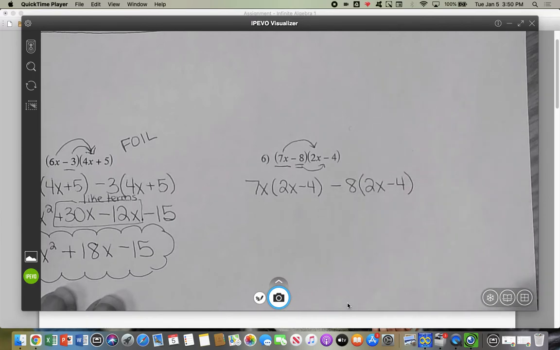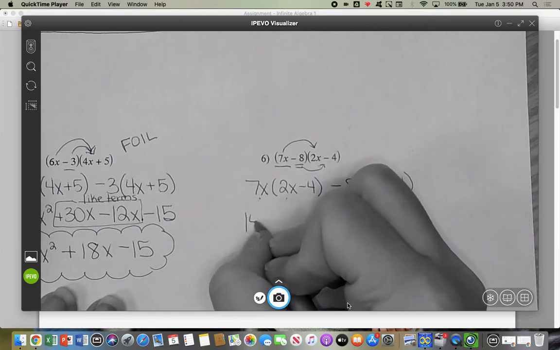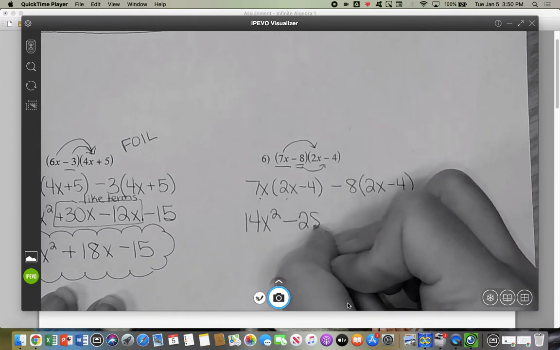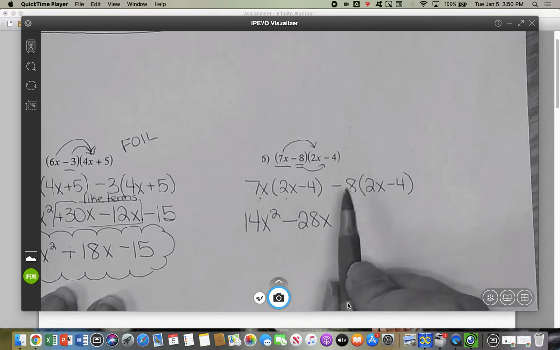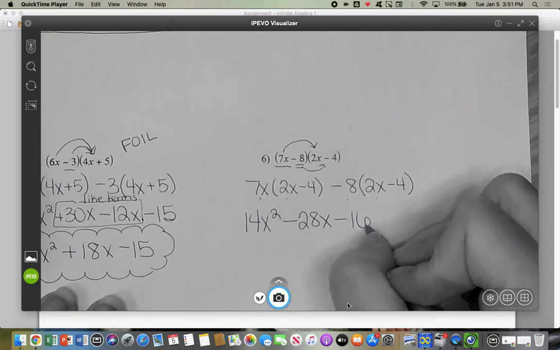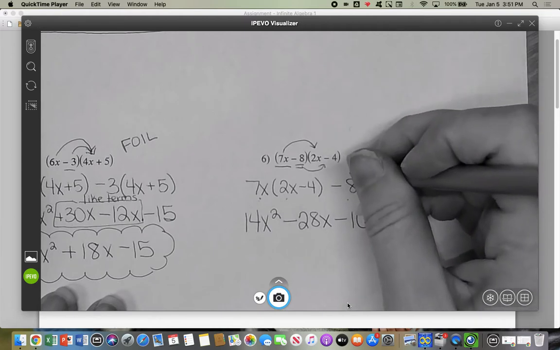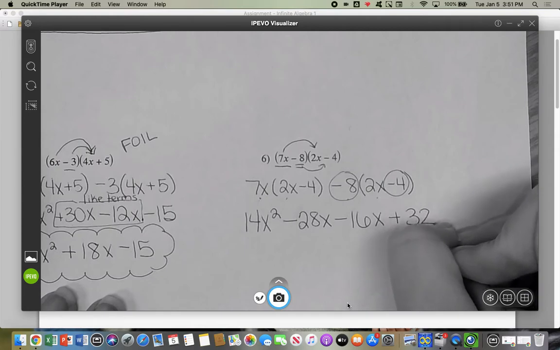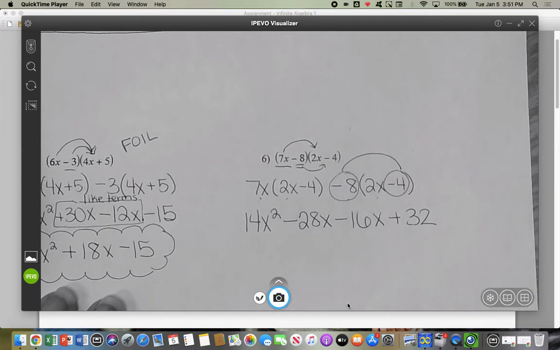All right, so let's follow the rules of our signs. 7x times 2x gives me a 14x squared because there's 2 x's. 7x times negative 4 is negative 28x. Now on the third part, negative 8 times 2x is negative 16x. Now a negative 8 and a negative 4 are going to give me a positive 32. When I multiply those, two negatives make a positive.